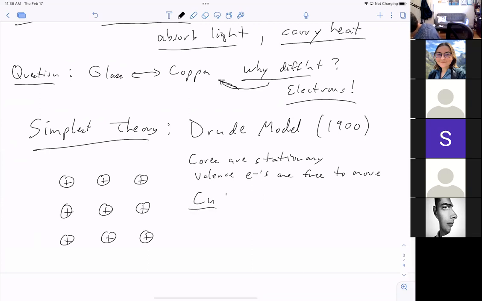If I look at a copper atom, then the core is basically all the filled levels. The filled levels go from the 1s2 level all the way up to the 3d10. The 3d level has 10 electrons in it. It's all filled up, and so this filled shell is the core. But then I have the valence electrons. Does anybody remember the valence electron configuration for copper?